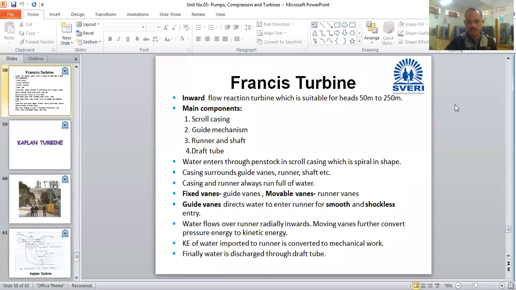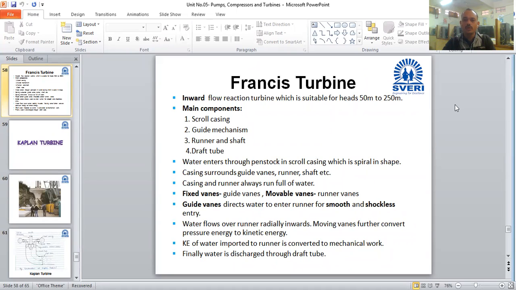So what we have seen in previous lectures, we have covered two turbines. The turbines are the devices which are used to generate electricity or to produce power. Power can be produced by many methods. Out of these, hydroelectric power plants are the most important, as they generate the maximum amount of energy.